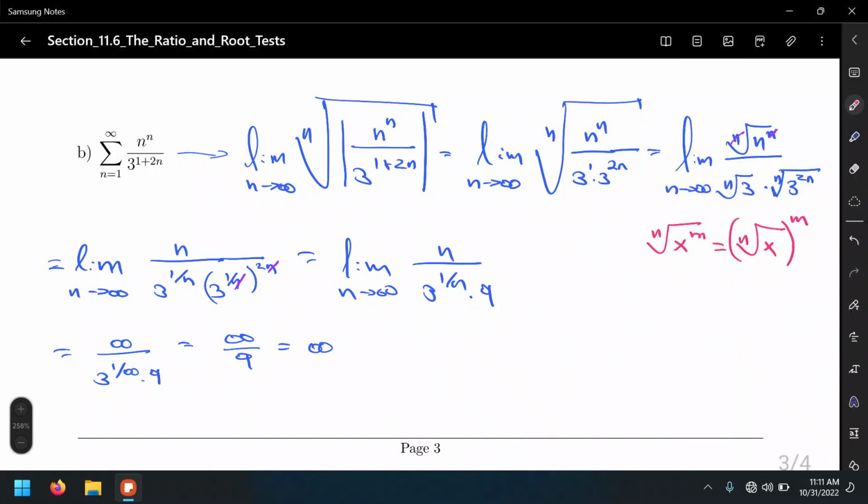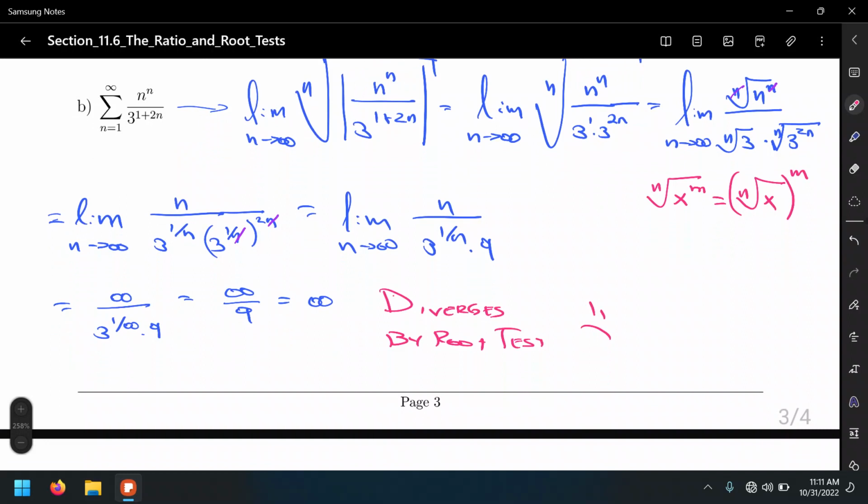The root test tells us that the series diverges by root test. Alright? So in this case, yes, we needed to play with the powers just a little bit before we were able to compute the limit. Alright.